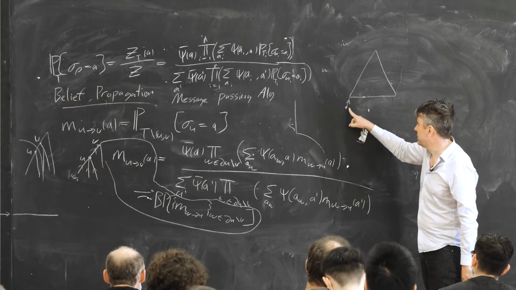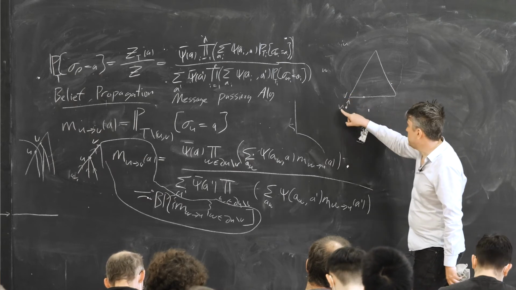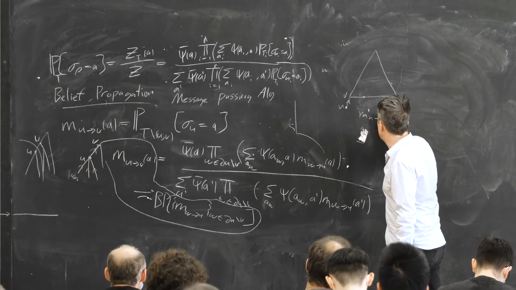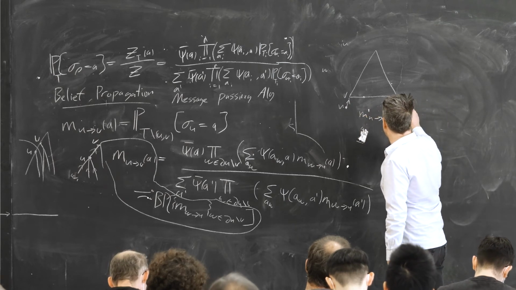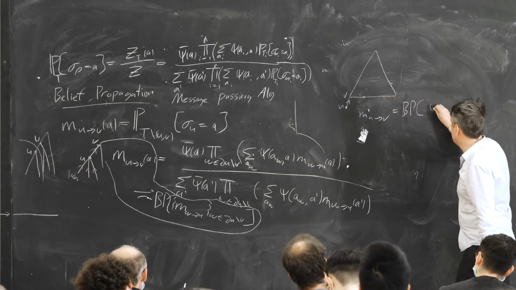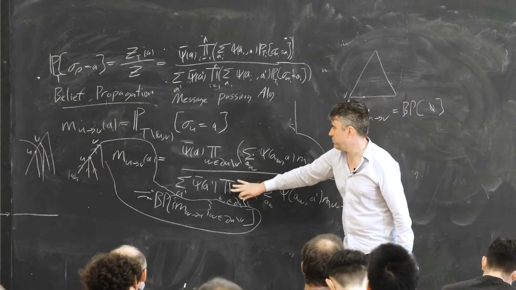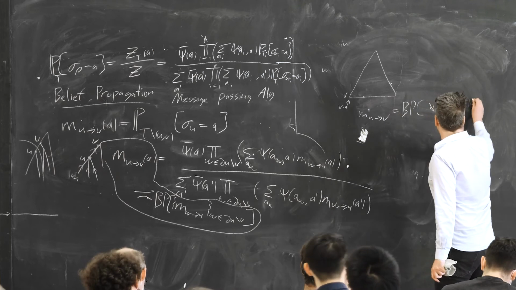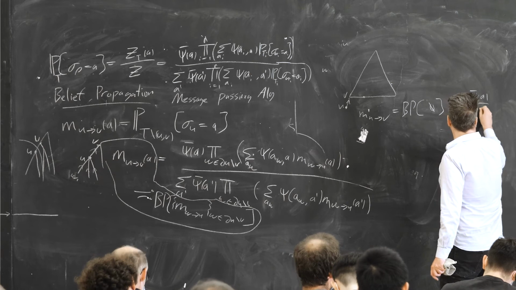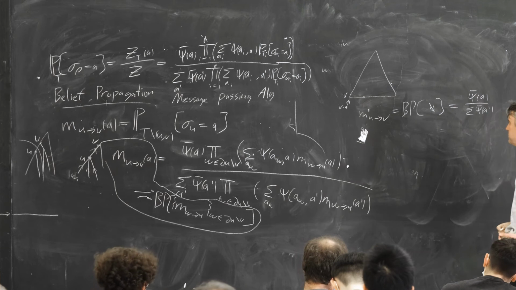So if u is a leaf, the message from u to v is the belief propagation applied to the empty set. So there's no products here, and we just get psi bar of A over the sum of psi bar of A prime.